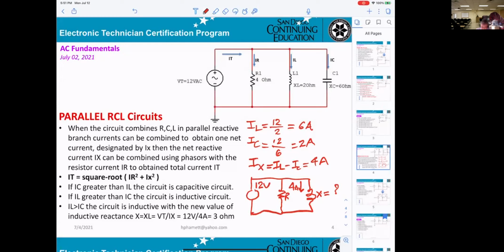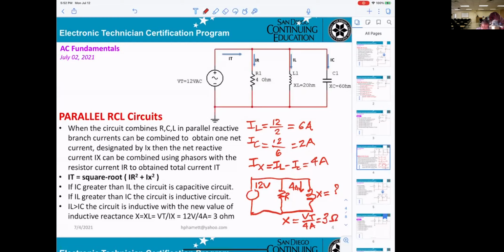So that's why you can calculate the inductive reactance. X will be VT divided by 4 amp. That's what you get, 3 ohm.